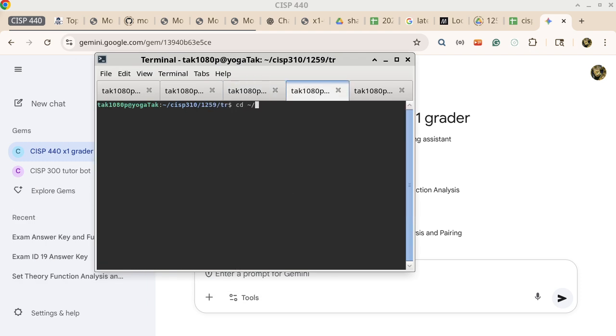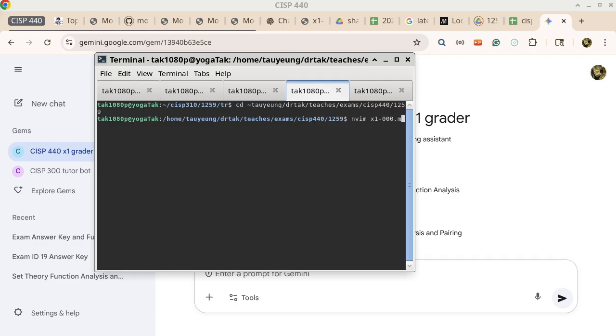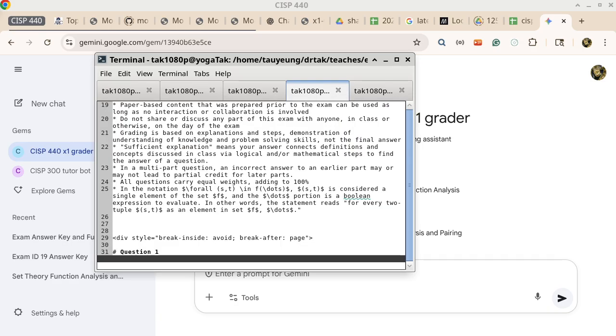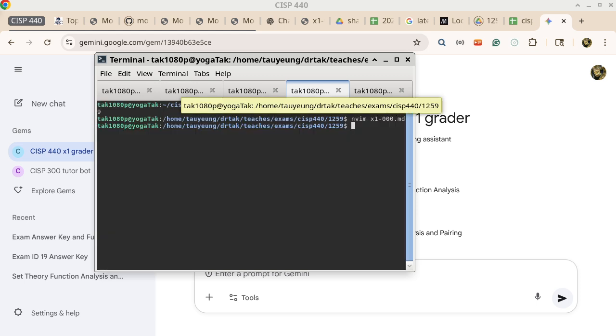Let me go to my folder, the exam CISP 440 1259, that's the semester. All the exams are also available in markdown format, and it looks like this. I had to convert this to HTML and then from HTML to PDF, so it's a multi-stage process to make the exams.